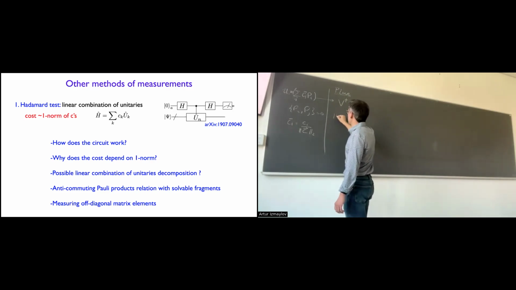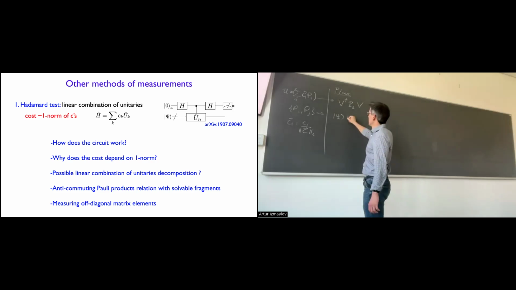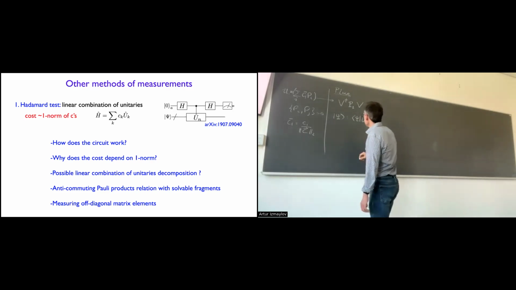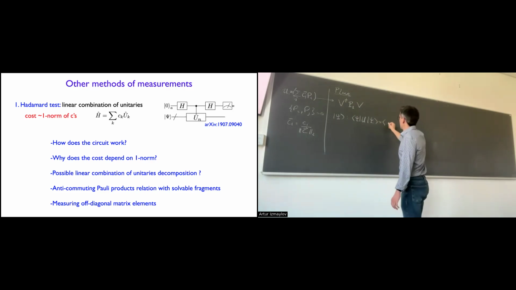And if you want to measure a wave function expectation value on this new unitary, what we're getting is psi U psi, then this unitary could be presented like this, and one really can just put an extra circuit and measure one Pauli, right?